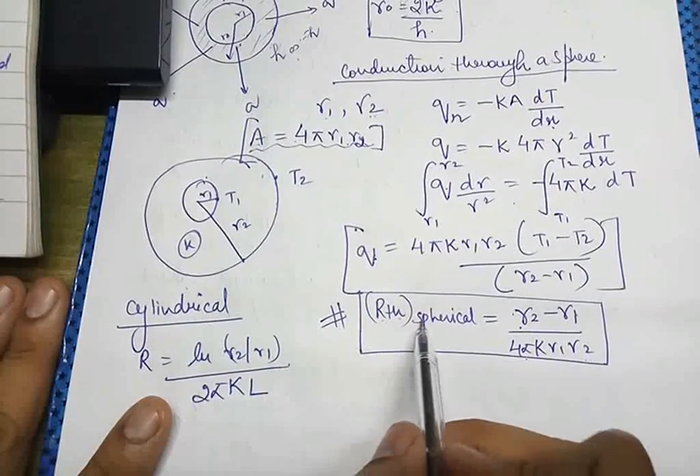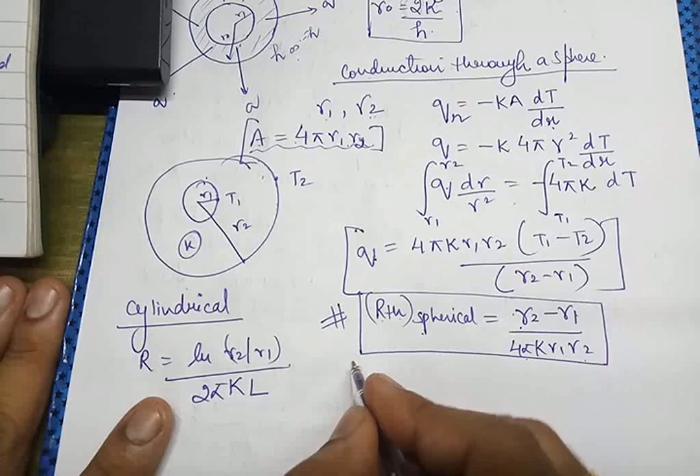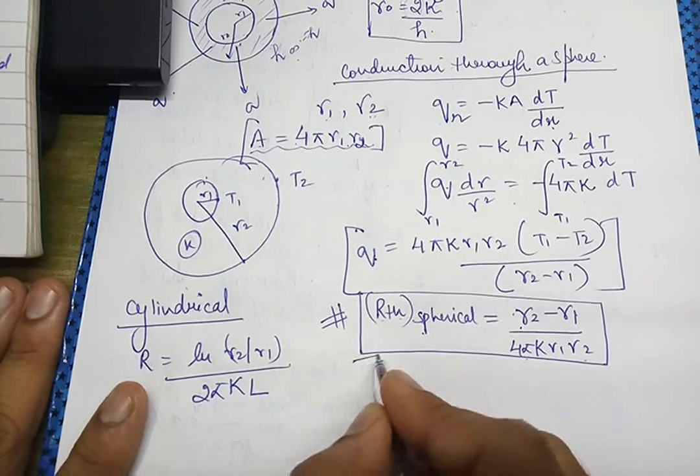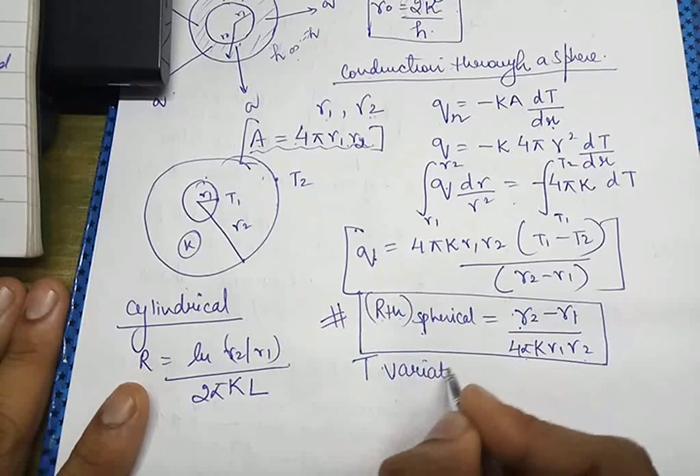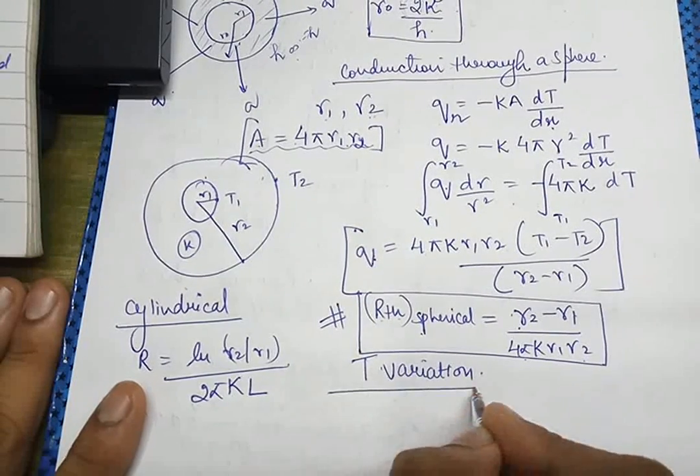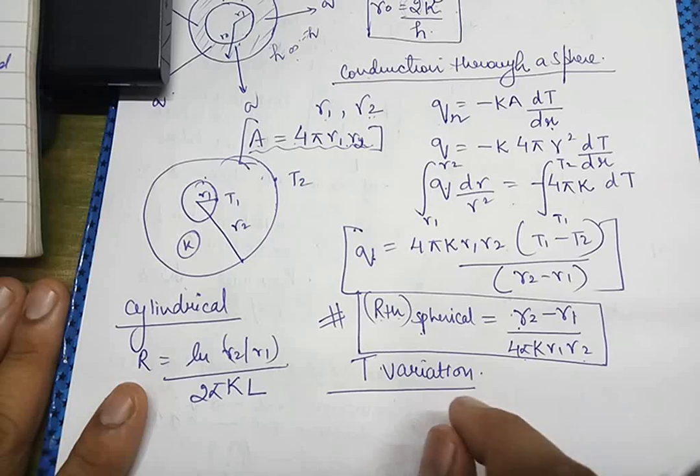Now if the question is asked what is the type of temperature variation: in case of the slab, the variation in temperature was linear.